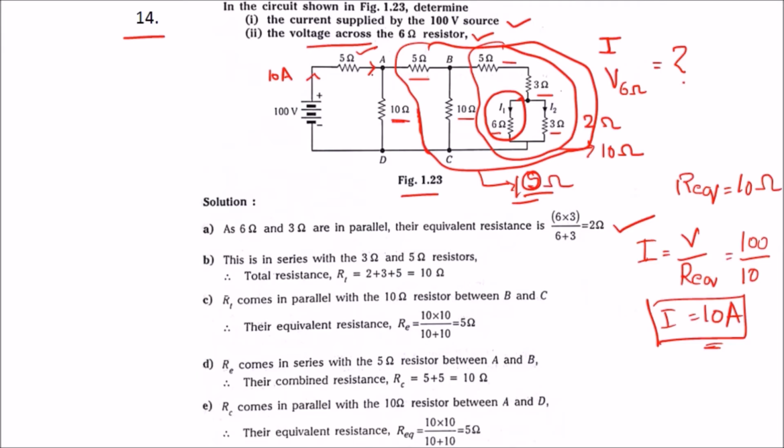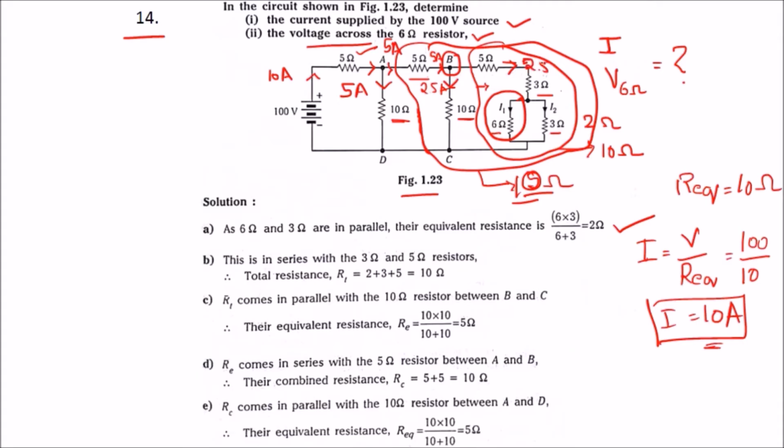So this will be 5 amps, this will be 5 amps, and again the current at point B will divide. This part is 10 ohms and this resistance is 10 ohms, so again the current will divide equally. Here it is 5 amps, so it will be 2.5 amps here and 2.5 amps here.